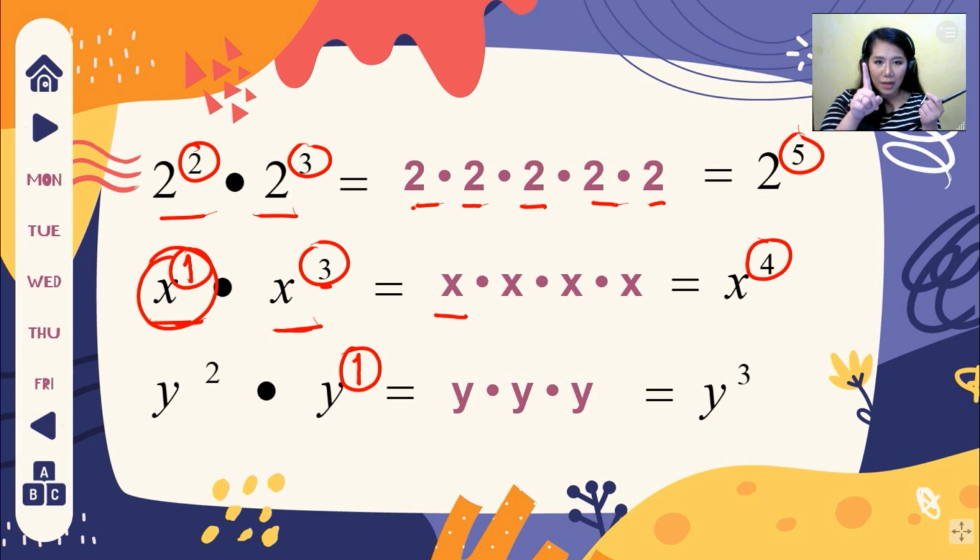Ano yun? 1. Kapag wala kayong nakitang numerical coefficient, meron yun. Ano yun? 1. Kapag positive ang sign ng sagot, hindi na isusulat. Pero alam natin na, anong sign nun? Positive. So, yun yung mga bagay na dapat ay alam nyo na ngayon.